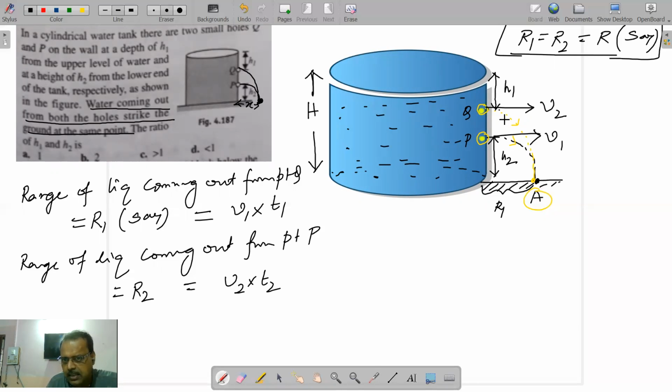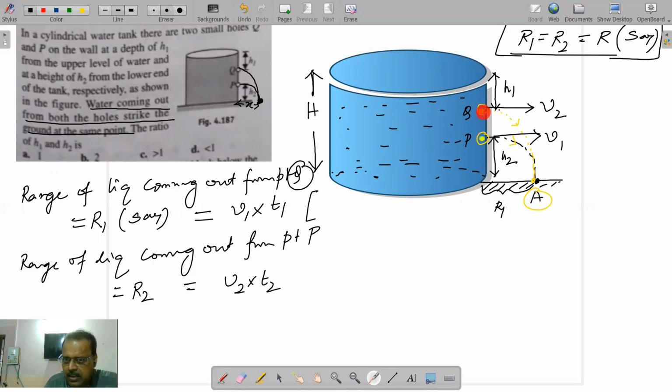Now T1 is basically the time taken by the liquid which is coming out from the point Q, falling like this and reaching point A on the ground. How much time does it take to fall?